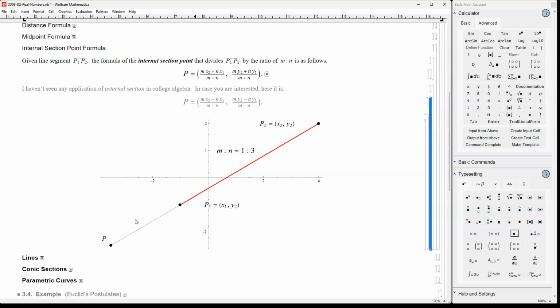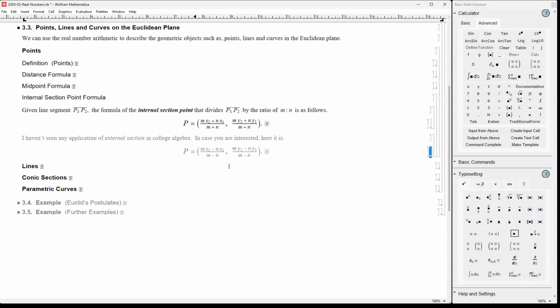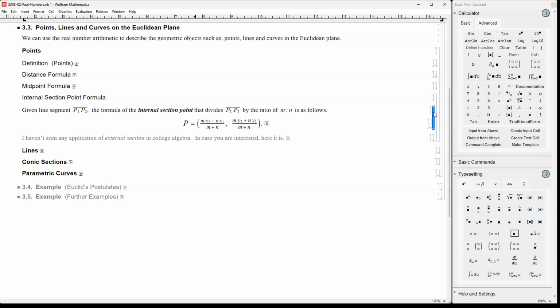Yeah, here's a line segment P1 to P2, but for external section, PP1 to PP2 is 1 to 3. Yeah, we have a formula there, but I don't really see any importance of it.